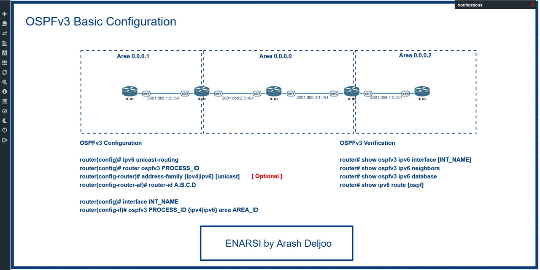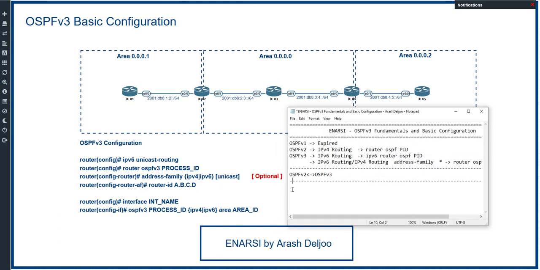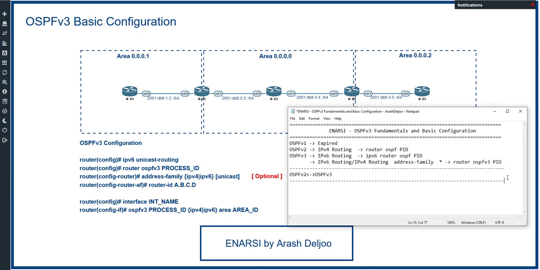Also, in OSPFv3, we have the concept of router ID, with exactly the same concept and the same method of selection as IPv4. Router ID is the identifier of one router in OSPF version 2 and also OSPFv3, and in both of them, the router ID is chosen with the same method.